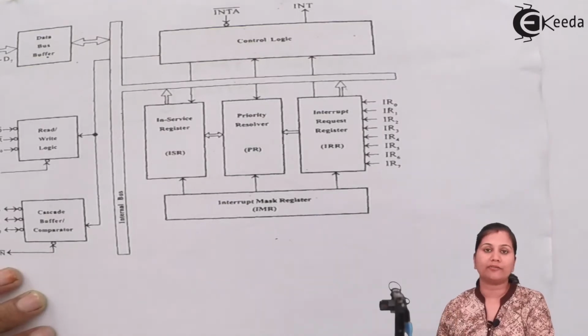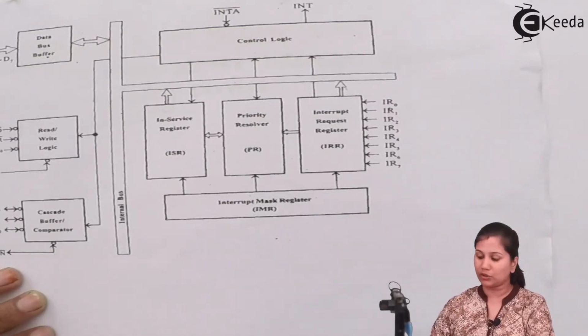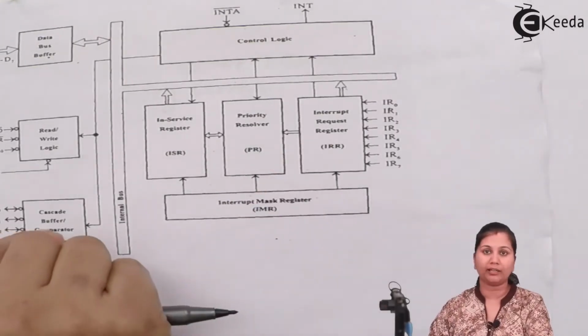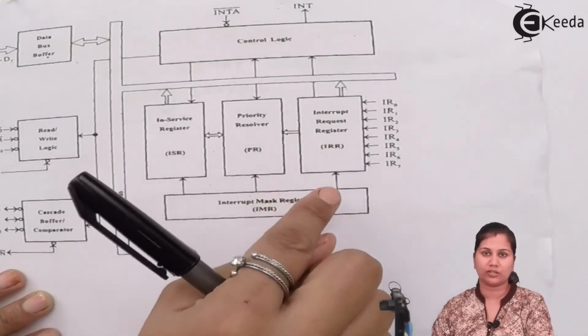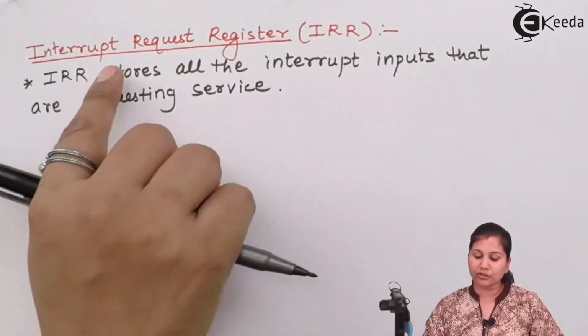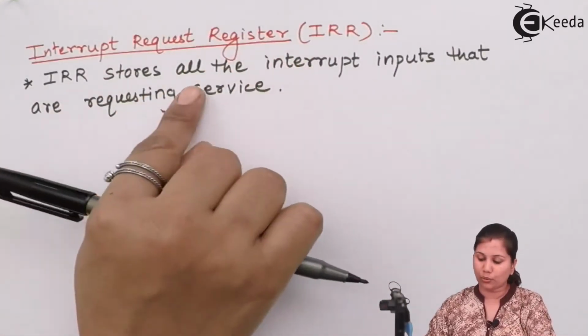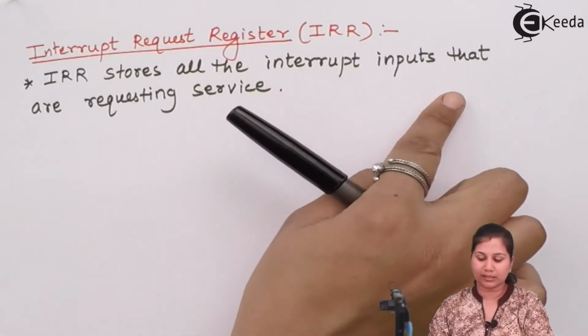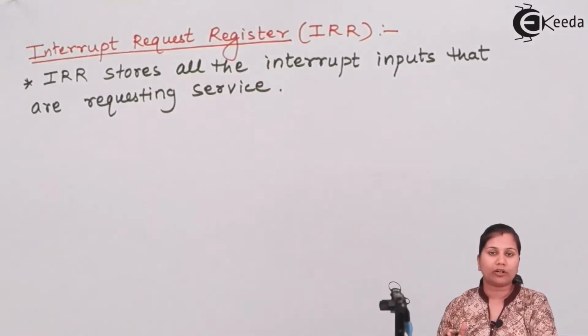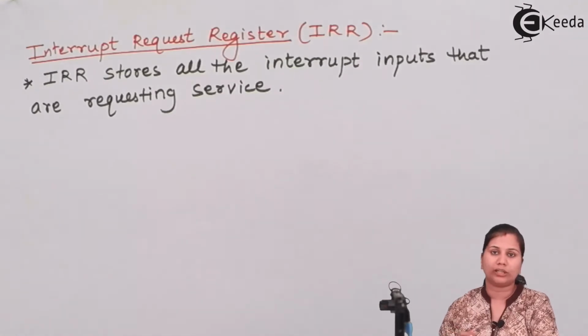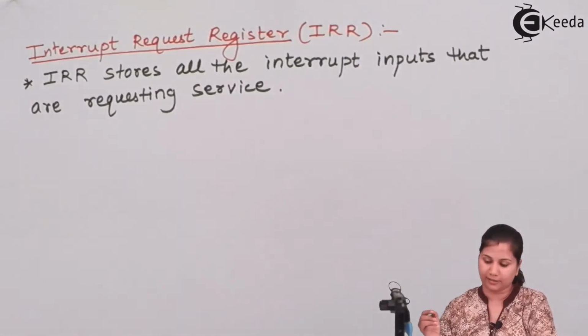They will first send the interrupt request to the 8259, and these requests are stored in this interrupt request register. The function of this block is to store all the interrupt inputs that are requesting service. So all the interrupt requests will be stored in the IRR register.